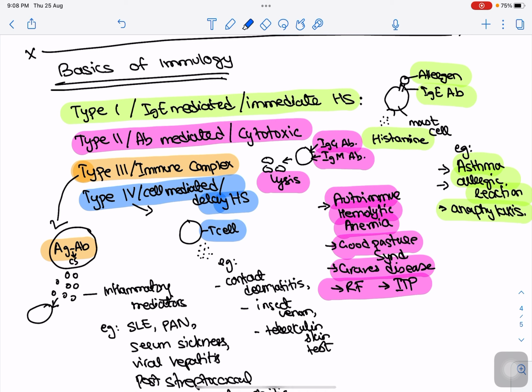So this is the T cell which is attached, and its activation will lead to a release of mediators, which occurs in, let's say, contact dermatitis, insect venom, and tuberculin skin test. So yes, this is the basics of immunology that is covered in the Toronto notes.